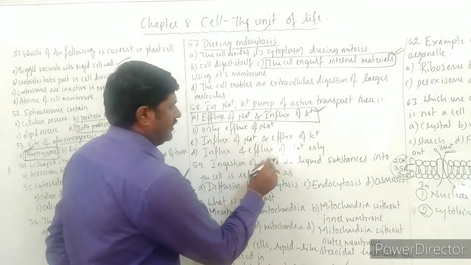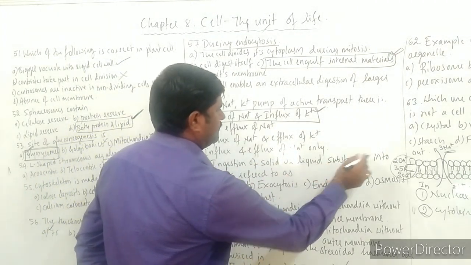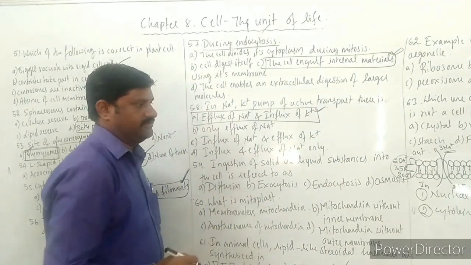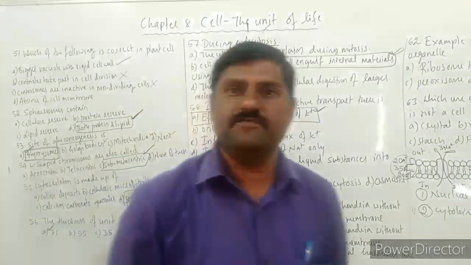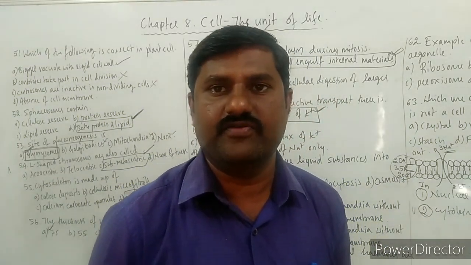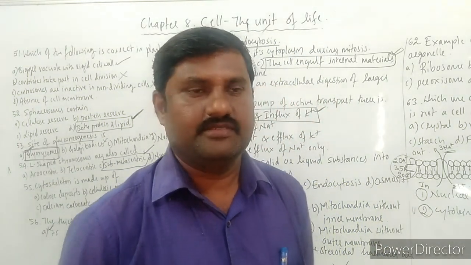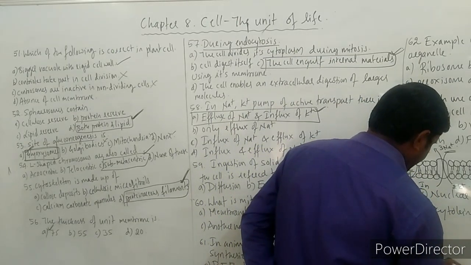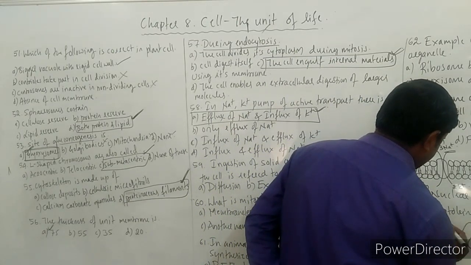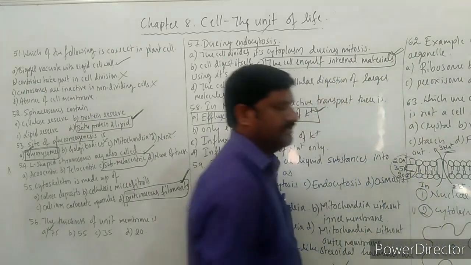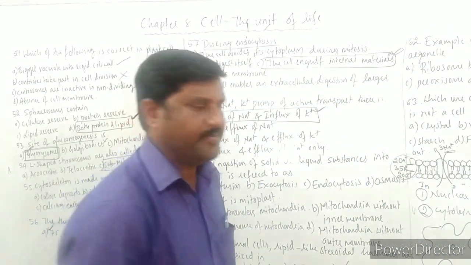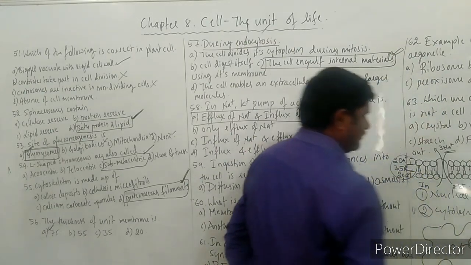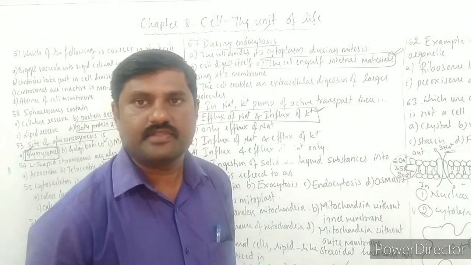Ingestion of solid or liquid substances into the cell is referred to as... ingestion of some solid or liquid materials. So consider the amoeba over here. This is one single cell. What happens? It engulfs the solid food material, right?